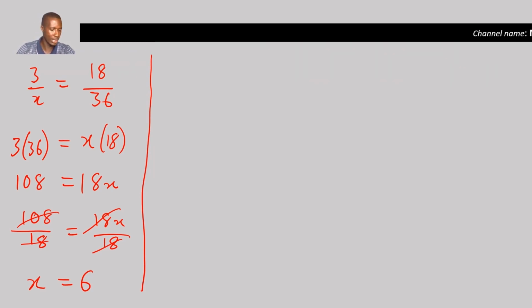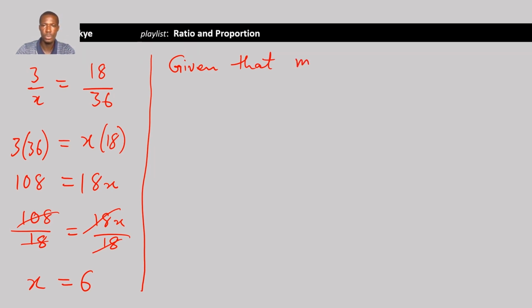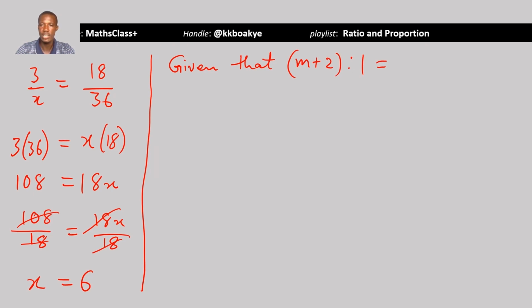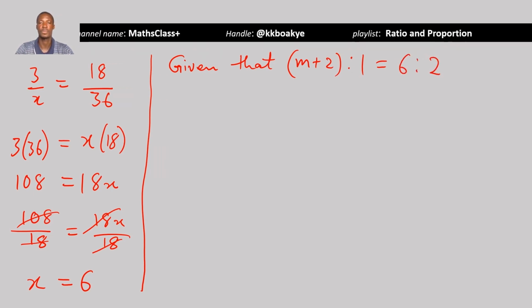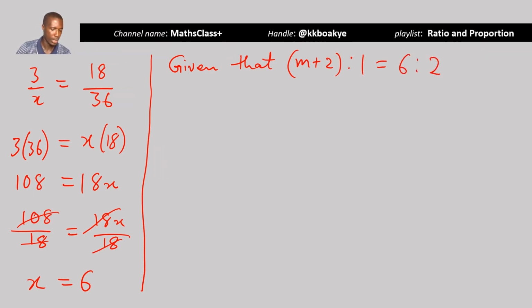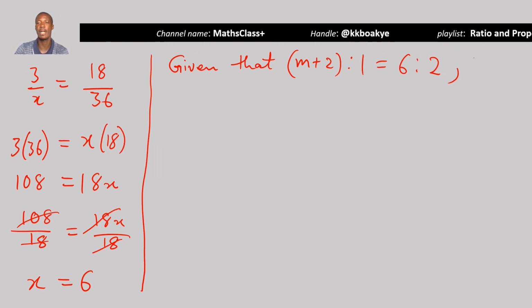Now let's try this example. Given that m plus 2 is to 1 is equal to 6 is to 2, we have to find the value of m.